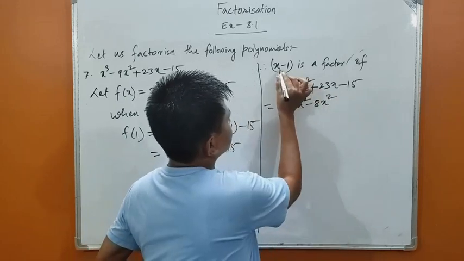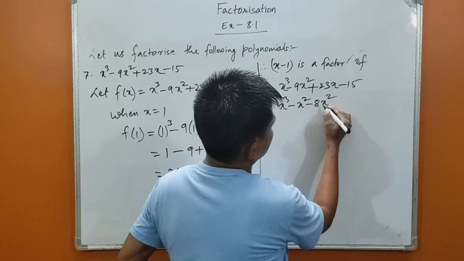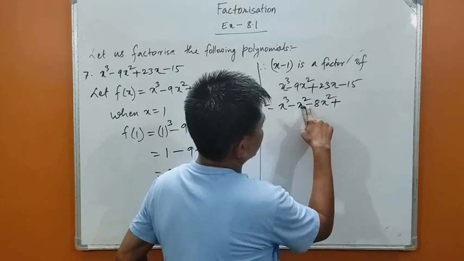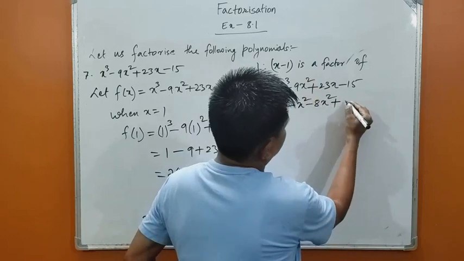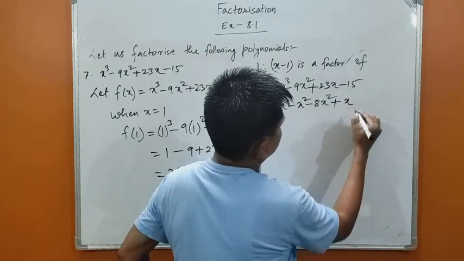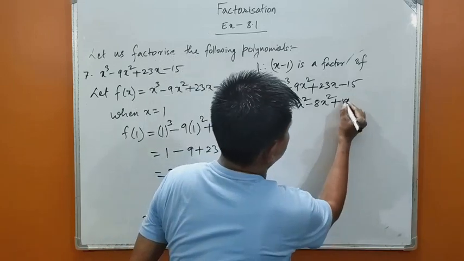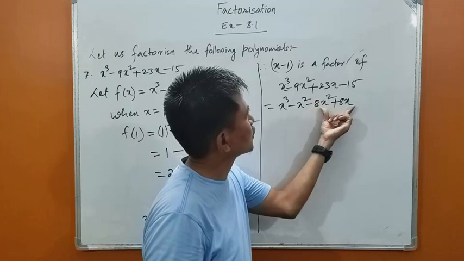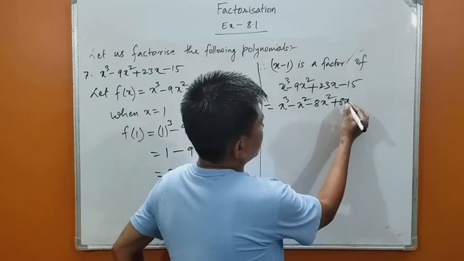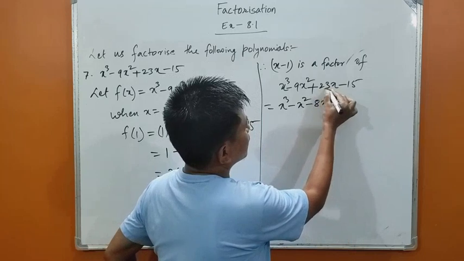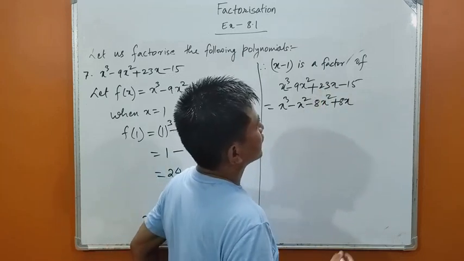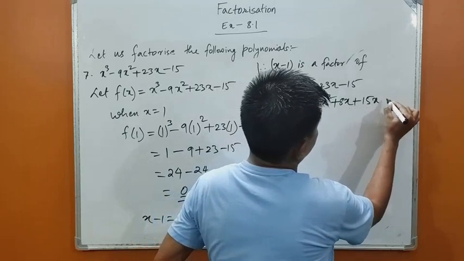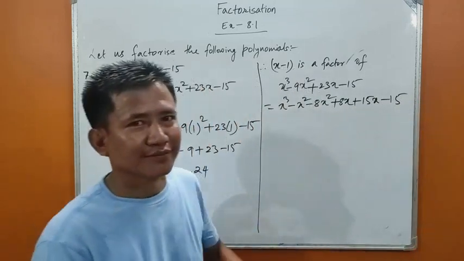Now again I need x minus 1, so minus 8x square plus 8x. When I take 8x common, it becomes x minus 1. Now I wrote 8x from this 23x. Now 15x is remaining in my hand, isn't it? So I must write 15x here minus 15. Are you getting me? Yes.